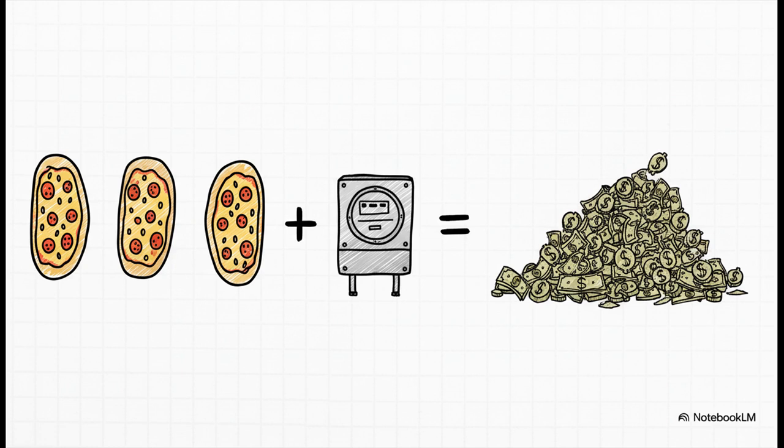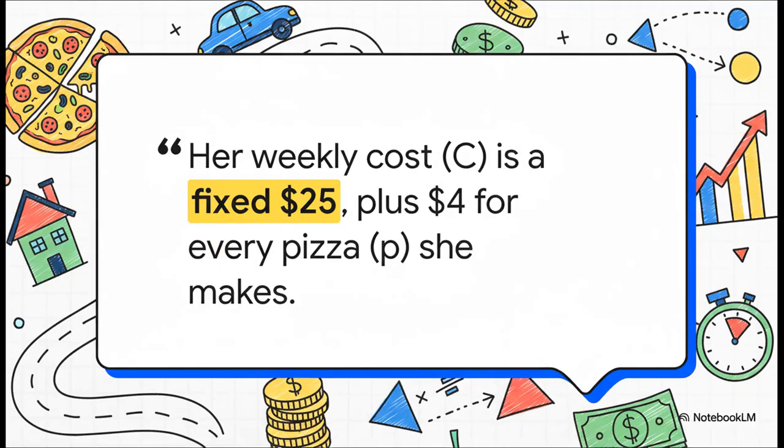She's got her ingredients, but also fixed things like her oven's electricity bill. And we can use a simple bit of algebra to tell the story of her business costs. And look at how clean this is. Her total costs, we'll call that C, is that fixed $25 a week, maybe for supplies, plus $4 for every single pizza, which we'll call P, that she makes. That whole sentence just gets boiled down into this neat little formula. C equals 4P plus 25.